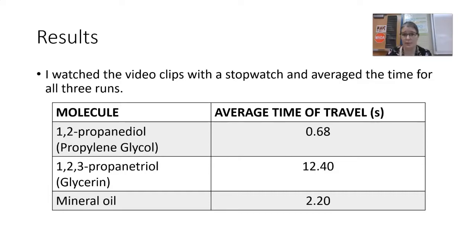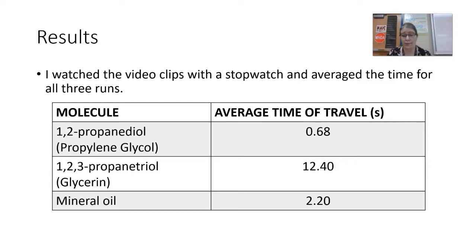It was almost as fast as it hit the start, it hit the stop. It was only 0.68 of a second. Where when we got to the glycerin, it took considerably longer to go through the glycerin at 12.4 seconds on the average for all three trials.